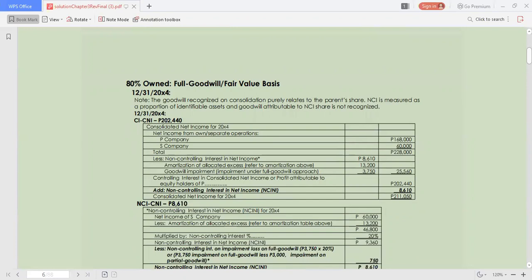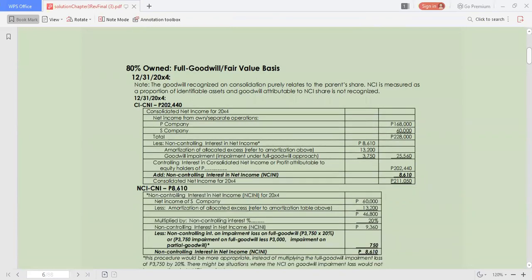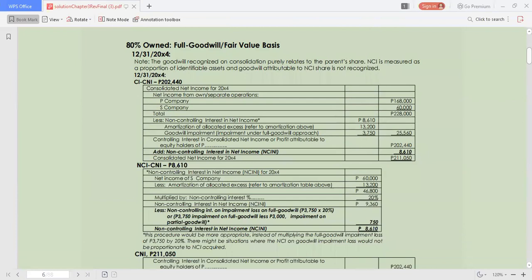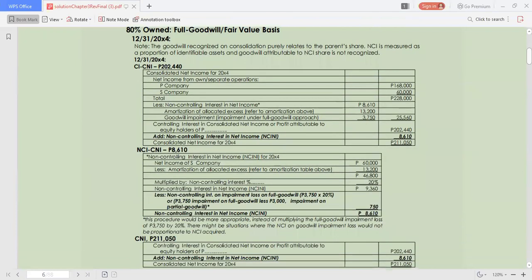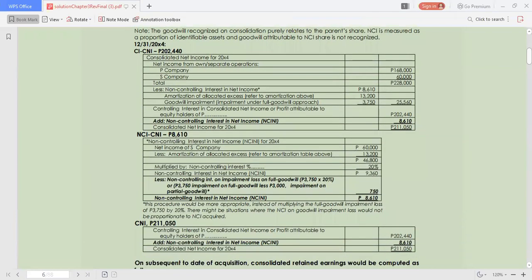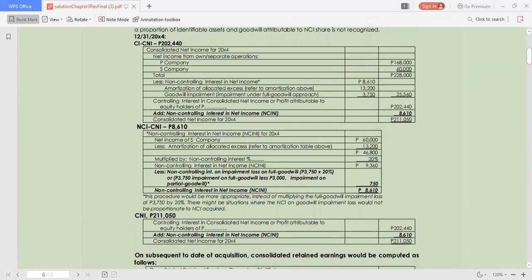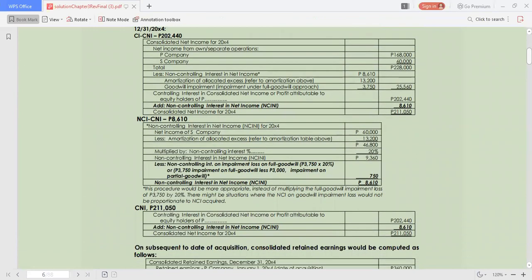NCI is measured as a proportion of identifiable assets, and goodwill attributable to NCI share is not recognized. So we have the net income from own operations in 20x4.